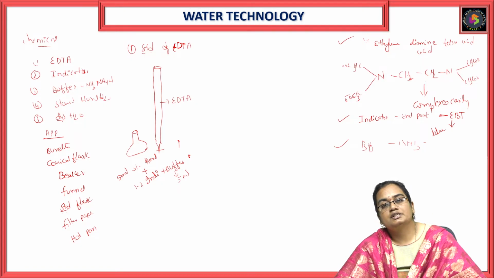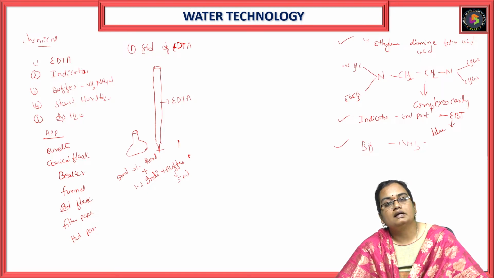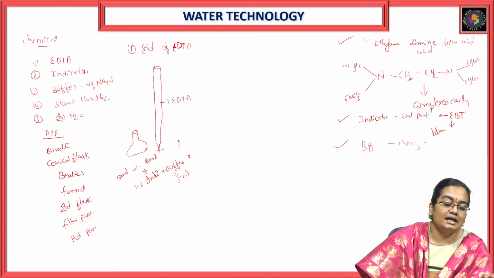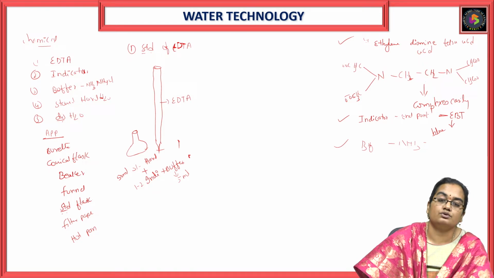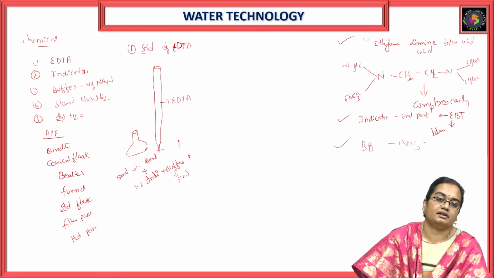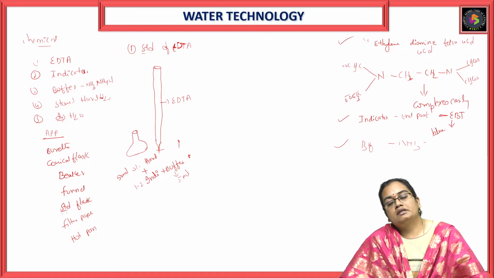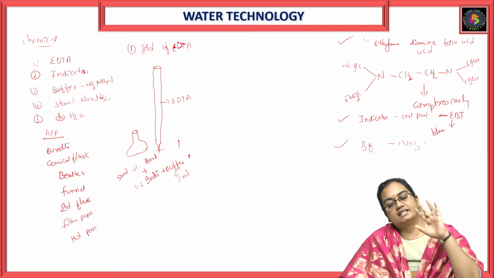This happens because of the completion of the reaction. When the reaction is completed, the color automatically changes. To identify the reaction endpoint, the indicator is used. Next one, buffer. What is the use of buffer? Buffer is added to maintain constant pH throughout the experiment.